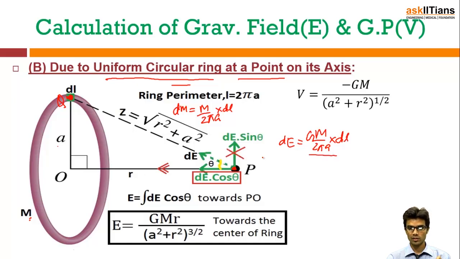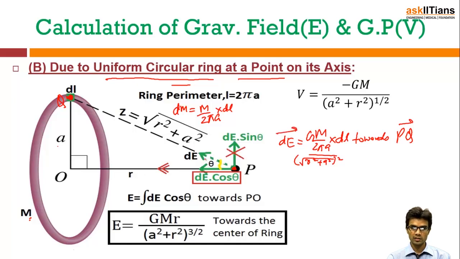The distance is z, so it is the square of z, where z is under root r square plus a square. So this is dE, and this is a vector, so the direction is towards P to Q. We already found the magnitude.